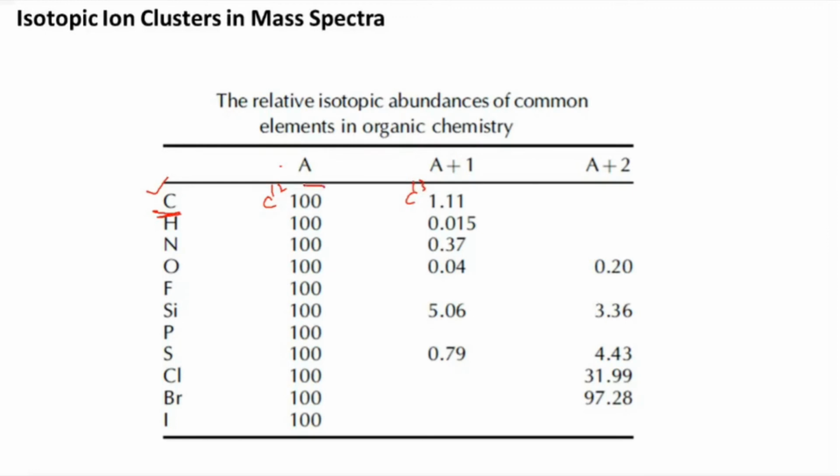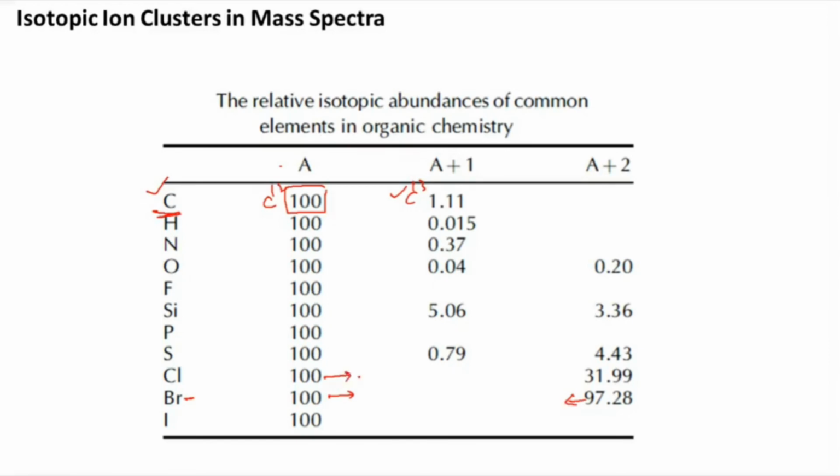If a molecule has 100 C12s, then you will have 1.11 C13s. In the same way, in case of bromine, there is an equal proportion of M and M plus 2.